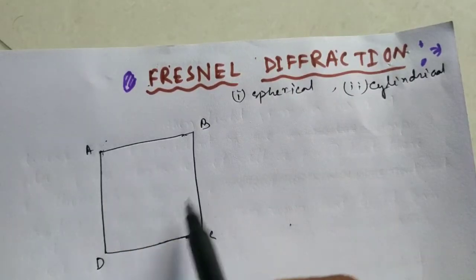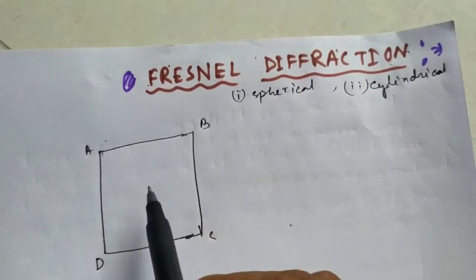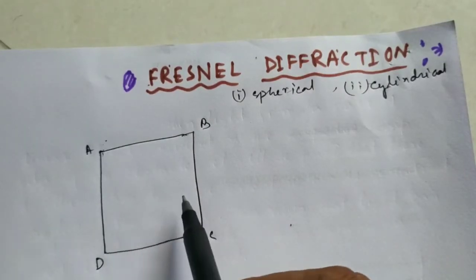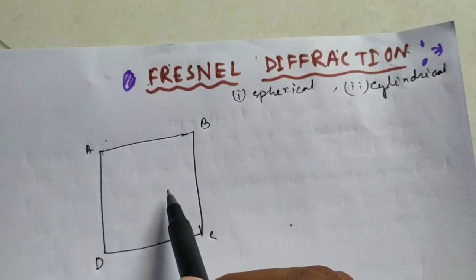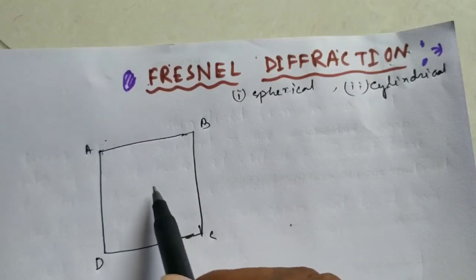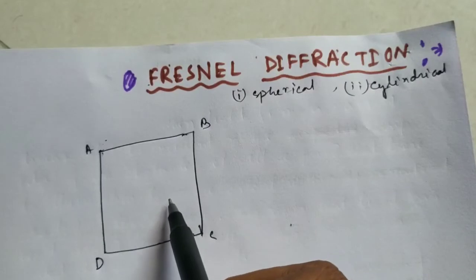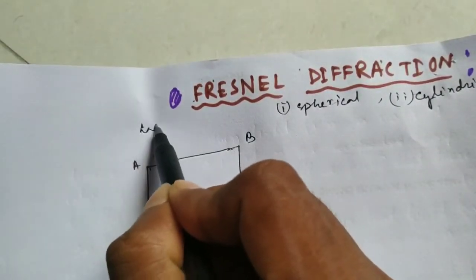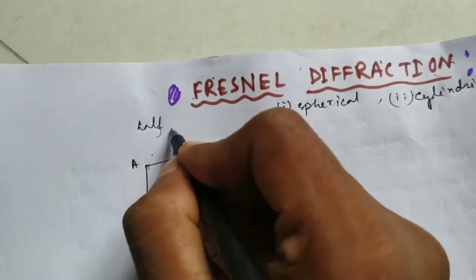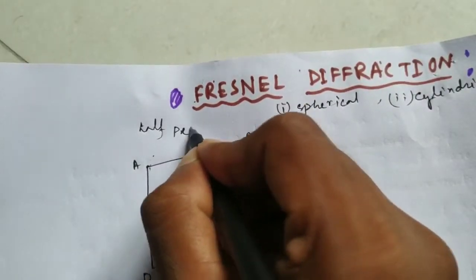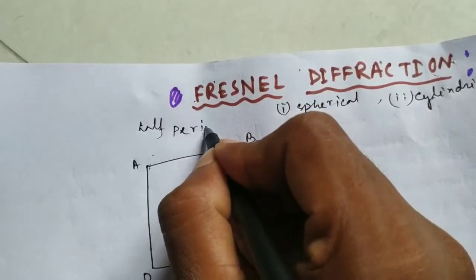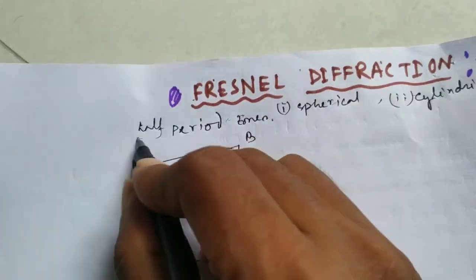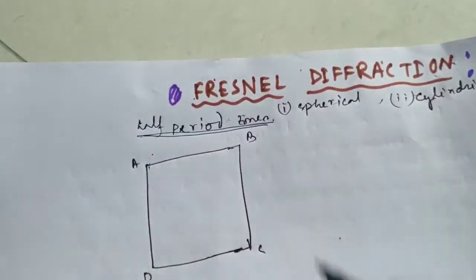So this plane wavefront, Fresnel divides into circles or regions or zones. These zones are called, as he named them, half period zones.